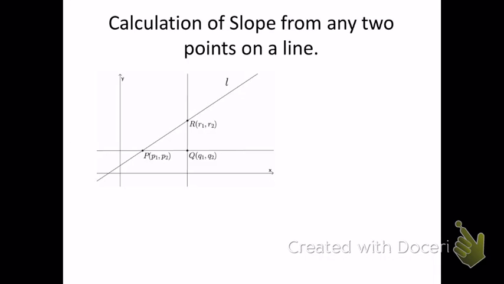We're going to create a formula that we can use to find the slope between any 2 points. And remember, we've said we don't want to have to find point Q. We just want to deal with points on the line. And we said that all the information in point Q can be found in points P and R anyway.